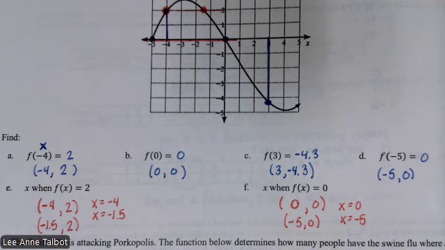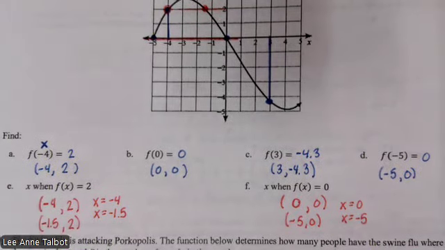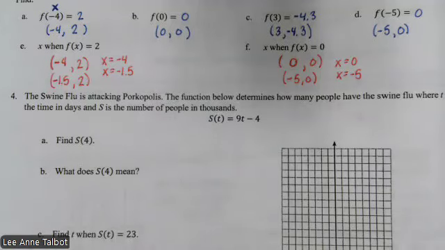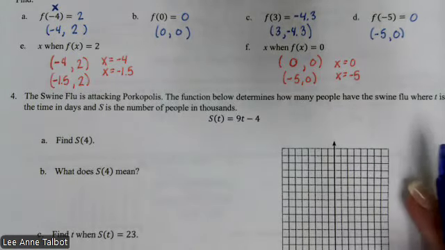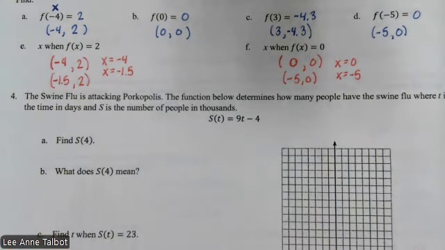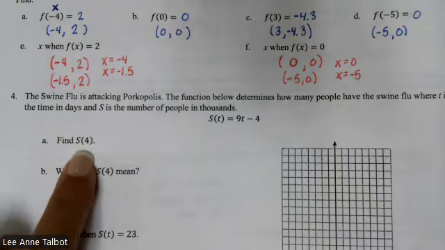Now we're going to work on Porkopolis. The swine flu is attacking Porkopolis. The function below determines how many people have the swine flu, where T is time in days and S is the number of people in thousands. Find S of 4.